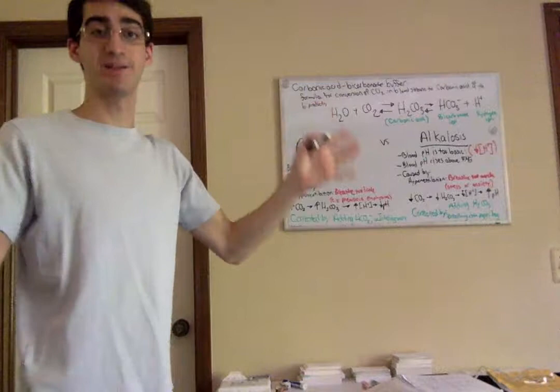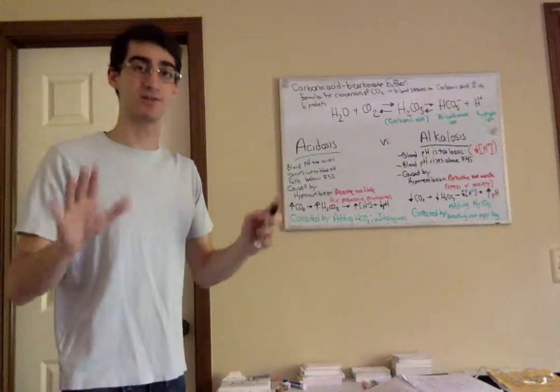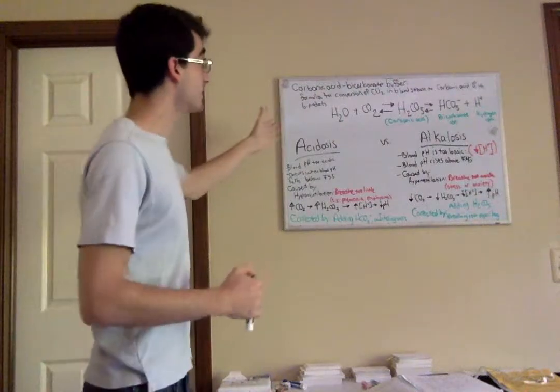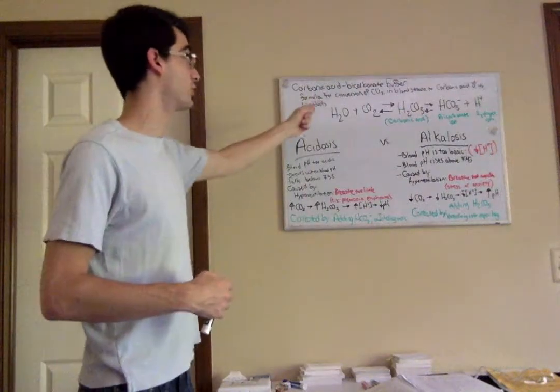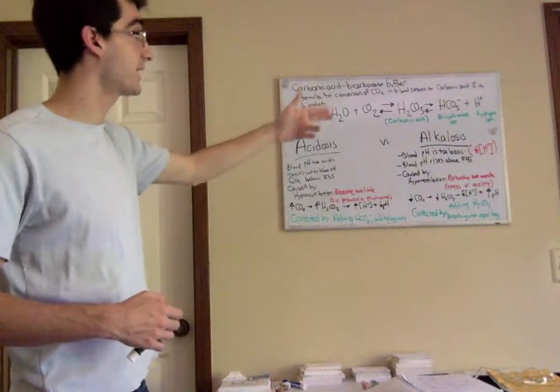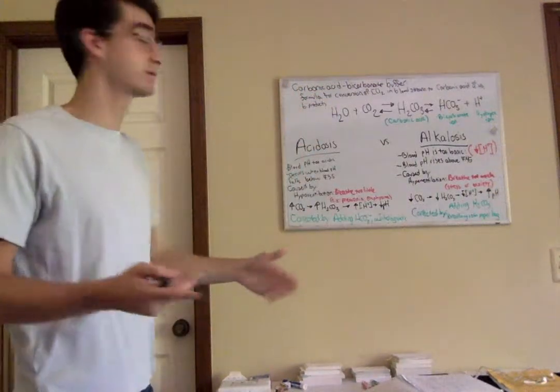Once we have that down, what we're going to be talking about today is a carbonic acid bicarbonate buffer. Sounds really big. It's not that scary, trust me. By the end of it, I know that you'll get this down. It's a formula for the conversion of CO2 in the bloodstream to carbonic acid and its byproducts.